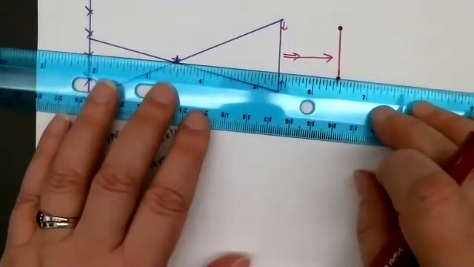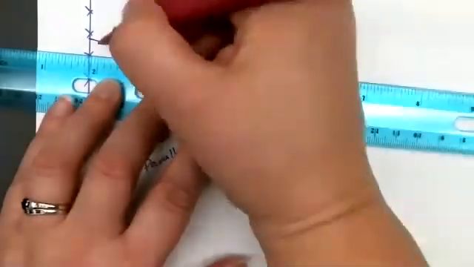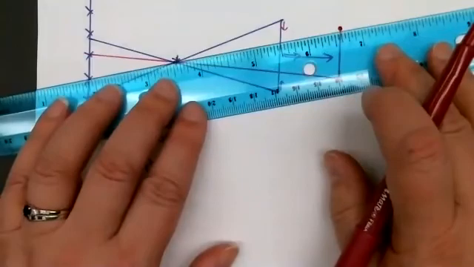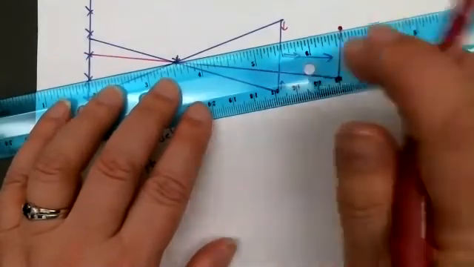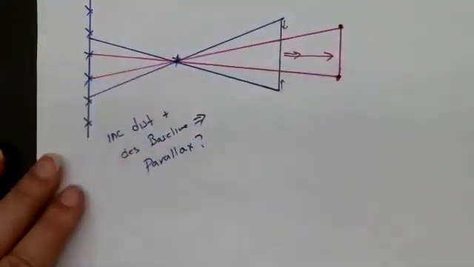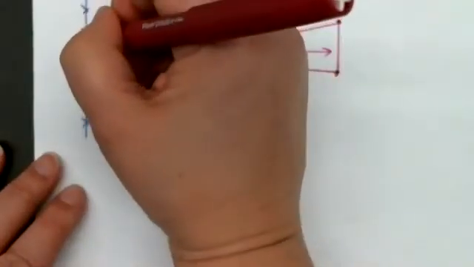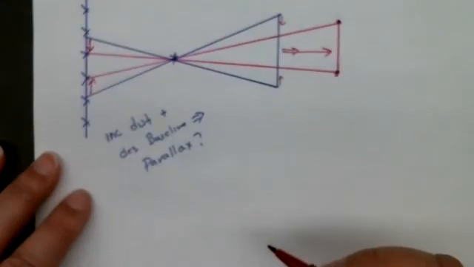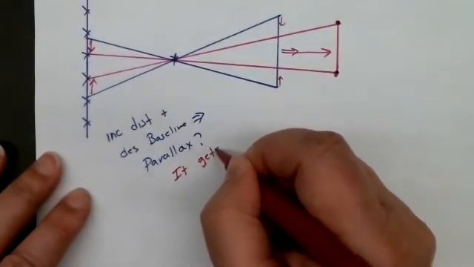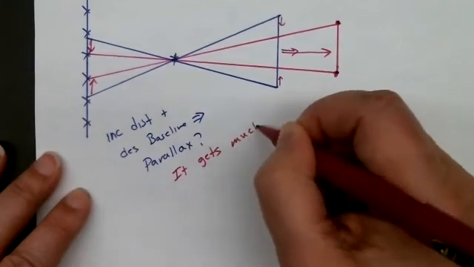And what that does is it dramatically decreases the parallax shift. It gets much smaller.